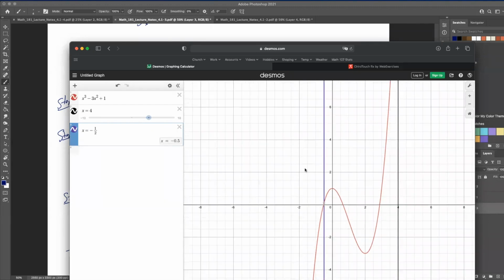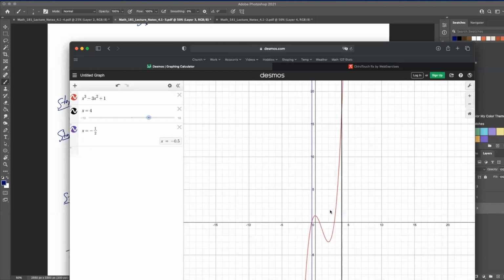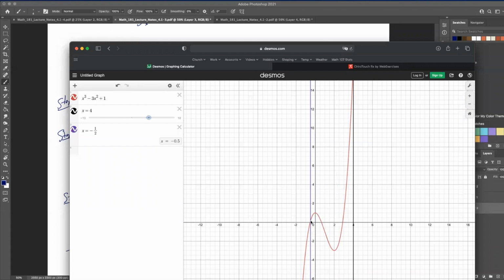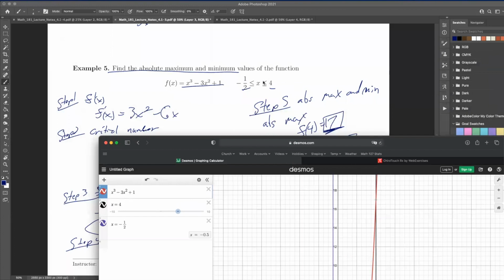Oh, perfect. All right, so here's what we're looking at. We're looking at between the purple and the black. And so here's our function. It goes up, comes down, and it goes up. And notice here we have 4, 17, and so it's defined at that point. It is clearly defined there, less than or equal to 4.